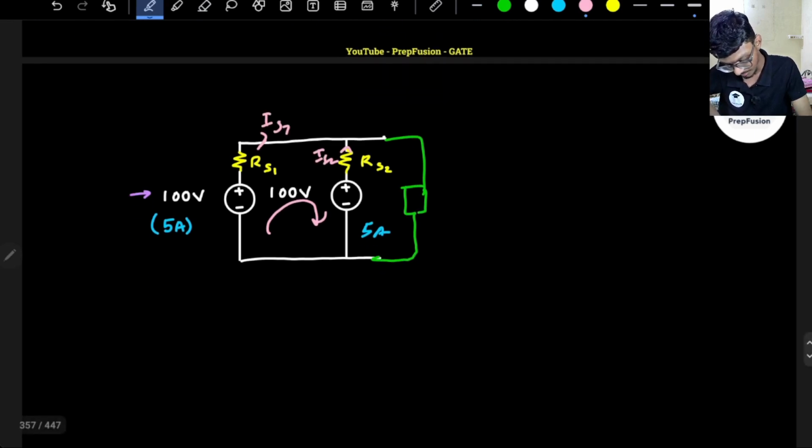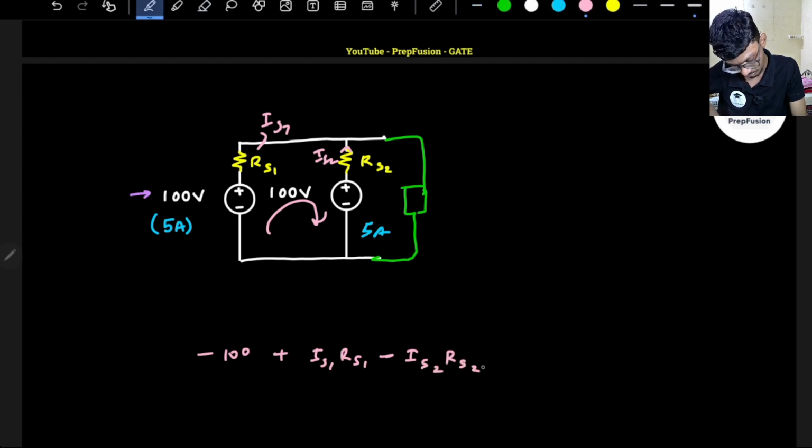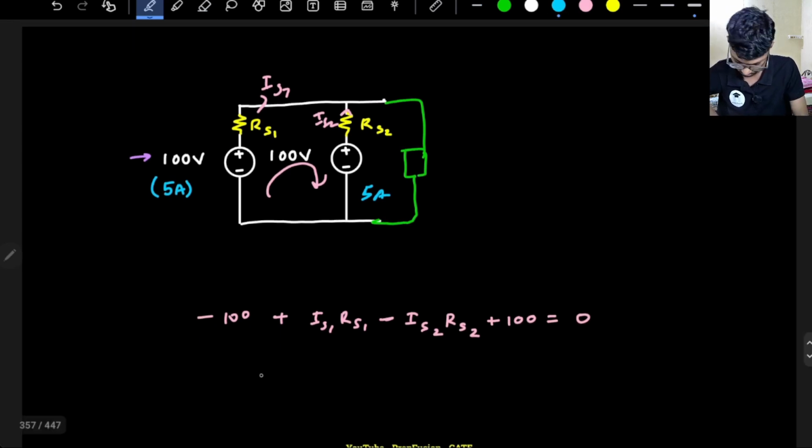Applying KVL in this loop, this will be 100 plus IS1 into RS1, then minus IS2 into RS2, plus 100 equals 0.